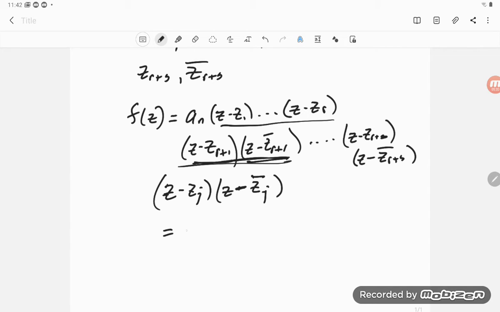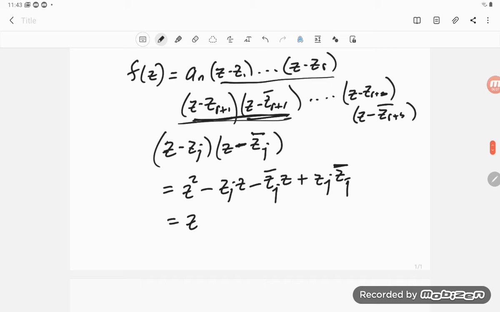Well, that's z squared, and then I get a minus zj z and a minus zj conjugate z, and I'll get a plus zj times zj conjugate.